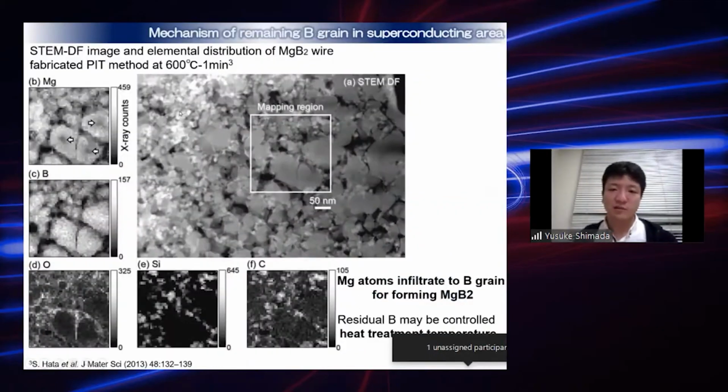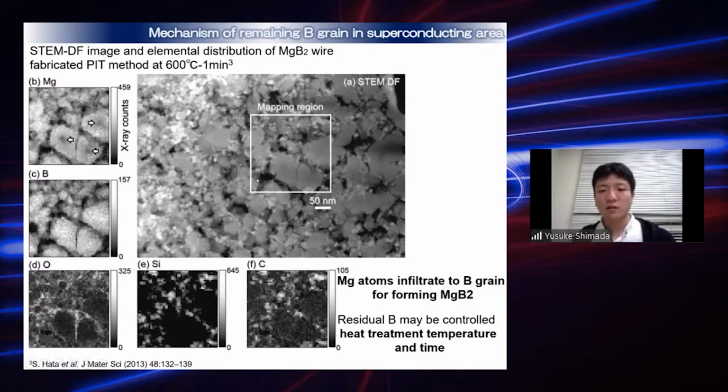So this figure shows the mechanism of boron grains remaining in the superconducting area. This figure is from Professor Hatta's group's papers, which is an elemental distribution of MgB2 wires fabricated by the PIT method at 600 degrees for 1 minute. So this area is an initial boron grain area, and from this magnesium atom distribution, magnesium atoms infiltrate the boron grain from outside, forming MgB2.